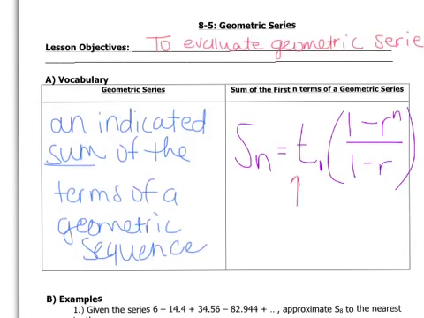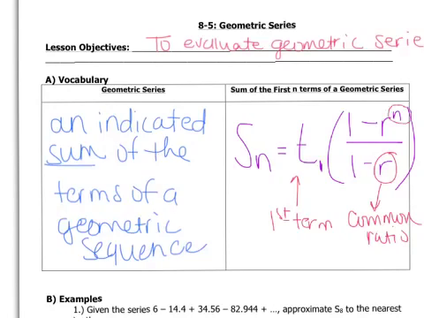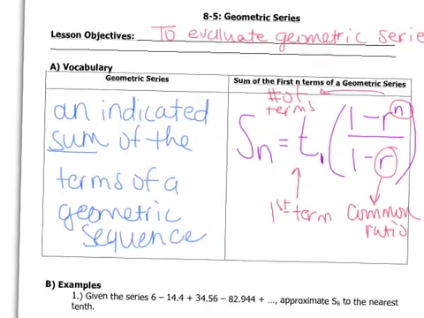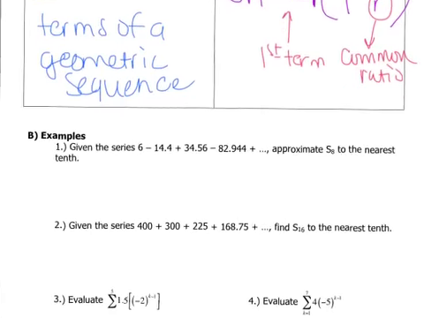That t sub 1 is still our first term. The r is our common ratio. Our n is the number of terms that we are summing. Okay. Let's go ahead and look at the first example.